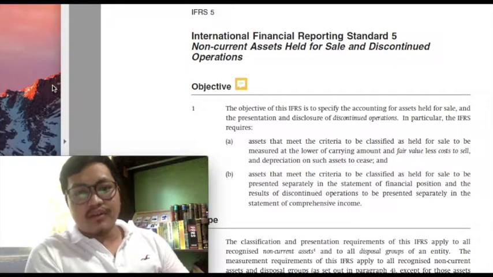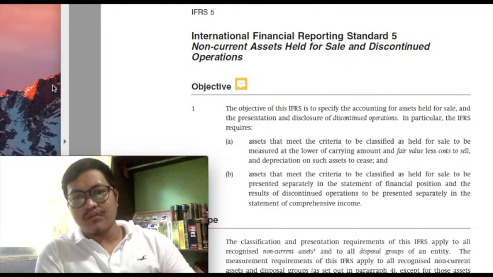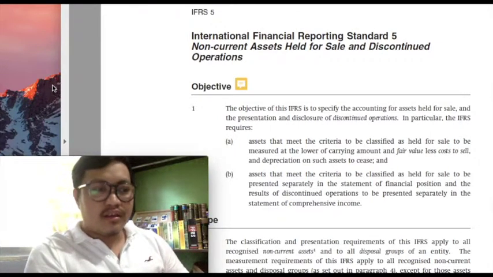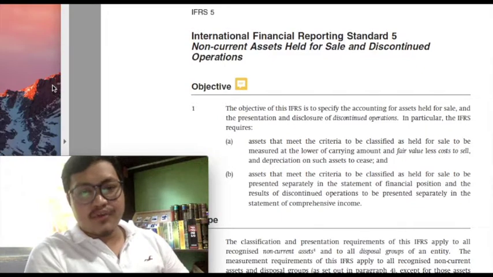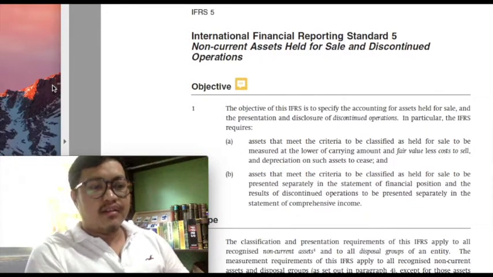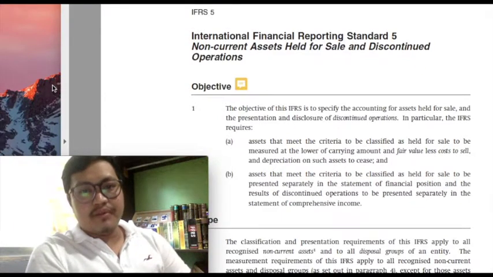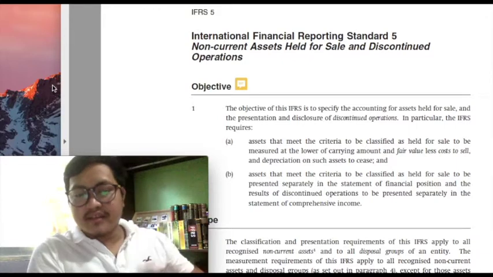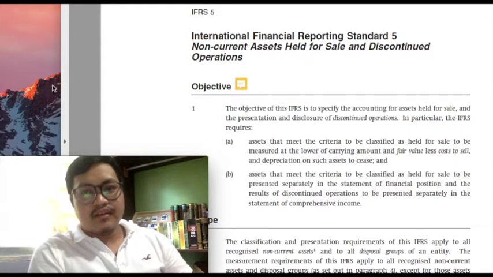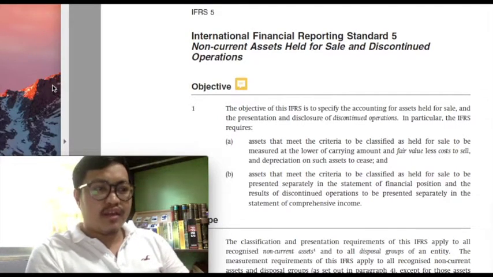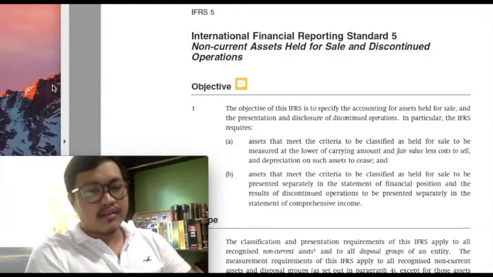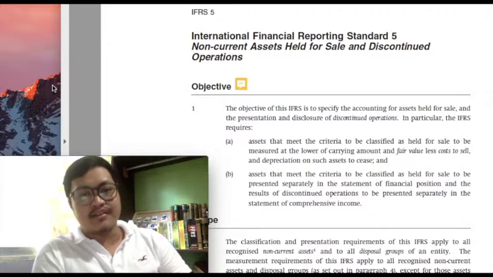And since it is now a discontinued operation, we will have to know how to present the income, revenues and expenses that were earned and incurred by this group of assets. We cannot just join them together with all our other expenses and revenues, class, because they represent a separate component of the entity this time.